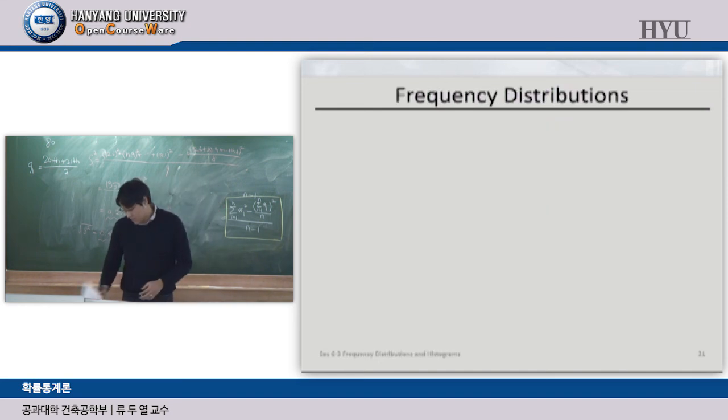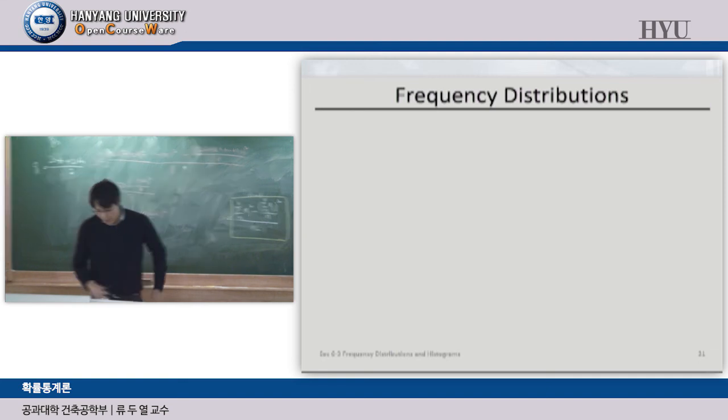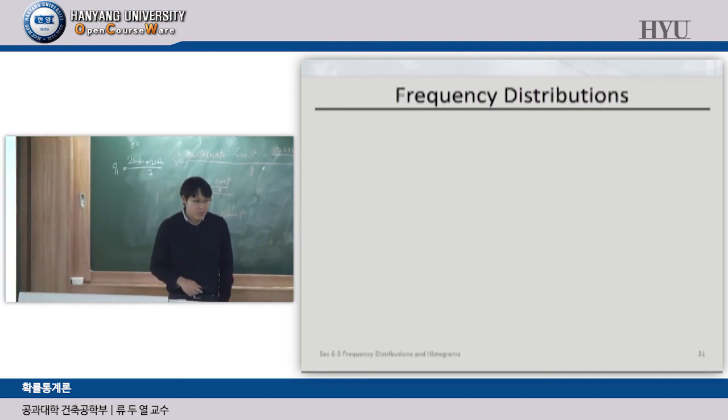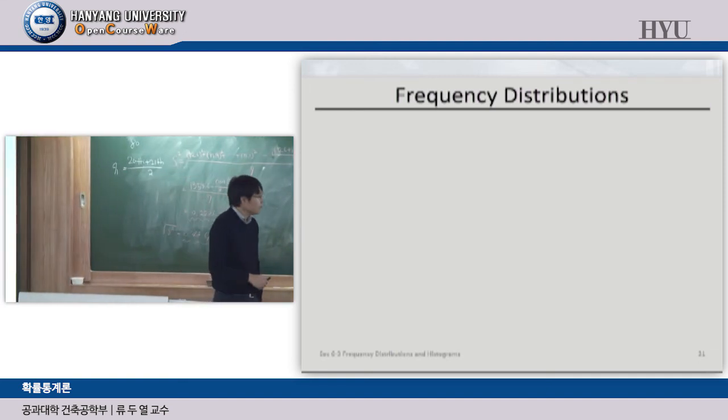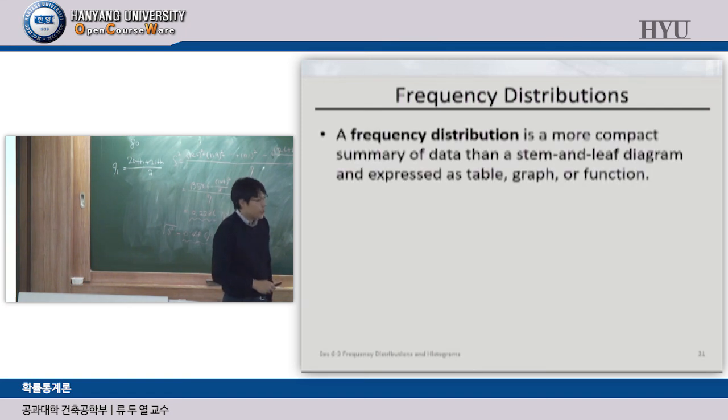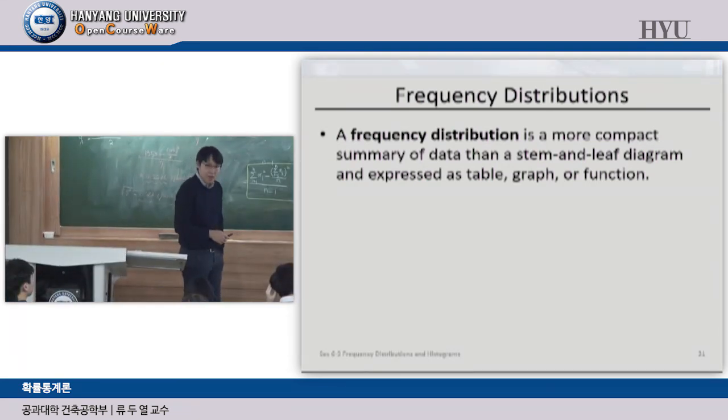And now we are going to talk about the frequency distributions. A frequency distribution is a more compact summary of the data than a stem and leaf diagram, and it is expressed as a table, graph, and/or function.